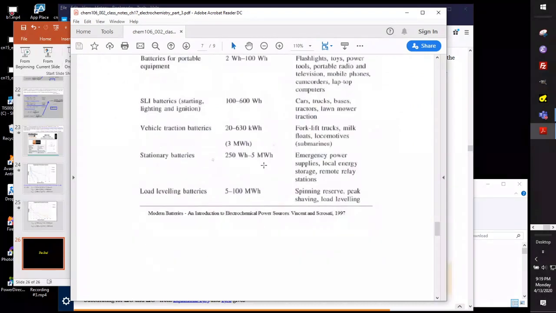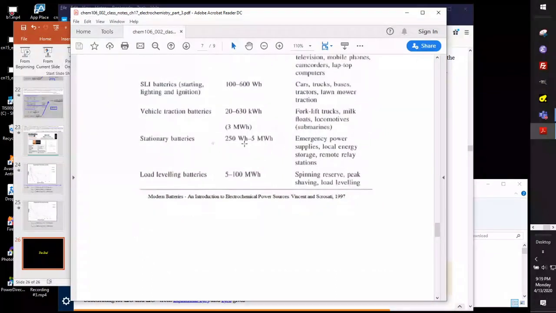Megawatt, or high here, 250 watt hours to 5 megawatt hours, would be emergency power supplies. And the largest are load leveling batteries, which go up to 100 megawatt hours.